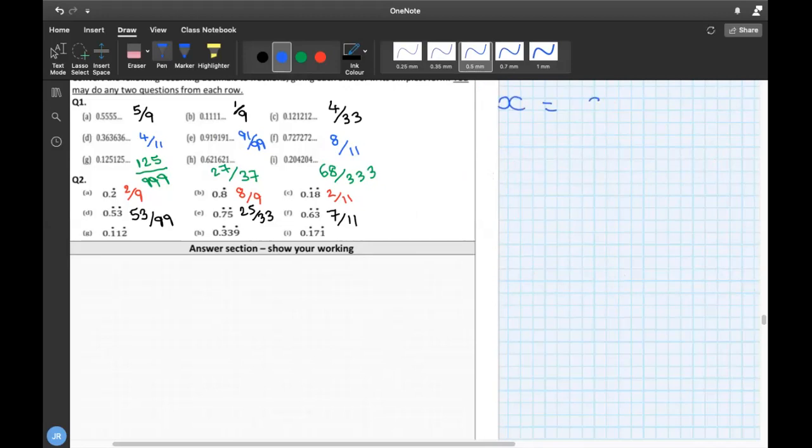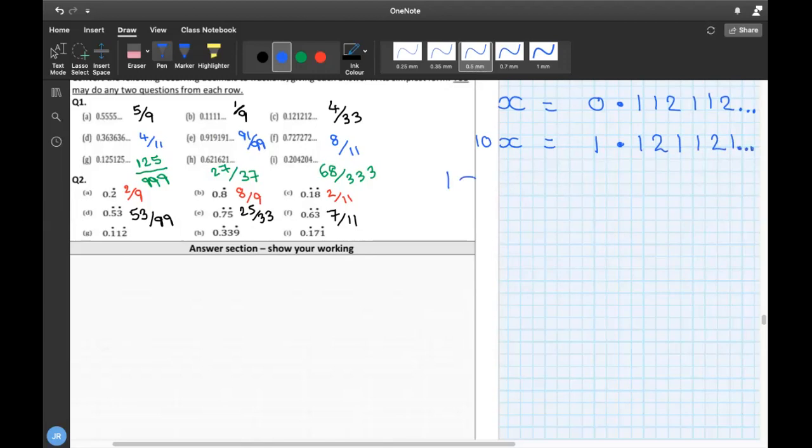So that's 0.112112, and that will go on for infinity. 10x, is that going to work? Let's have a look. If we move values down 1 placeholder, that's going to be 1.12112. So that doesn't work.